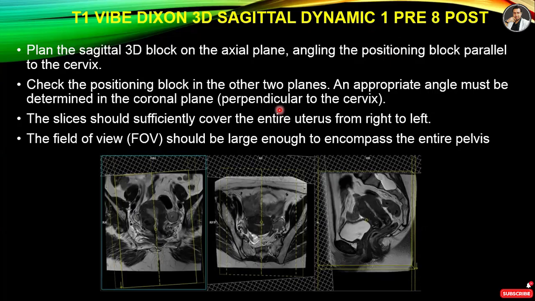After the first scan, the nurse will tell you to give the contrast. Then the first scan and the next scan will give the contrast. Then we will start the post-contrast protocol. The first scan is non-contrast. The next scan is post-contrast. Then we will do the scans one by one.